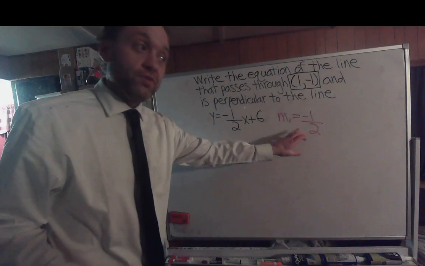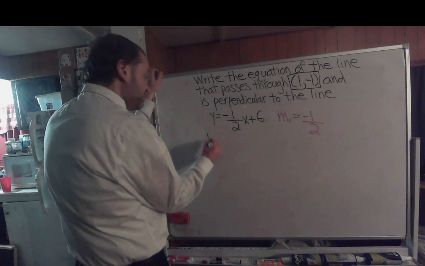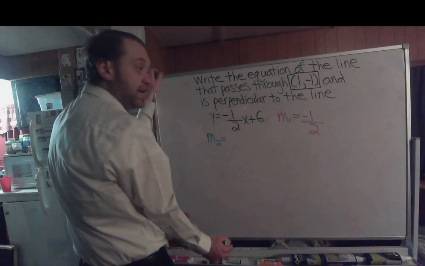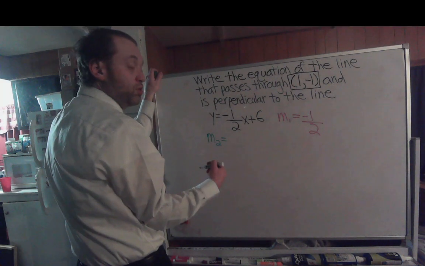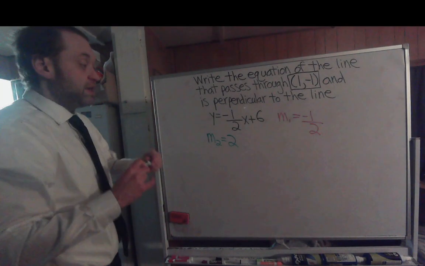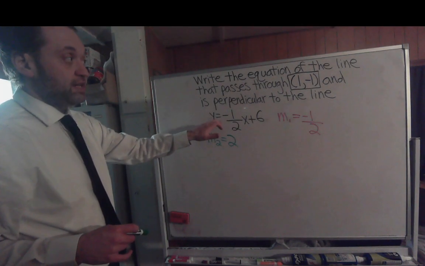It's the negative reciprocal of the other line, right? So the slope of the line we seek to find, the negative reciprocal of -1/2, is +2. So now we know the slope of the line that's going to be perpendicular to this line.